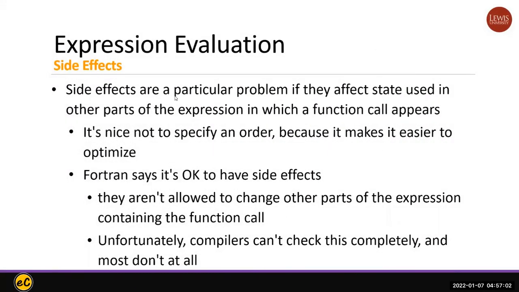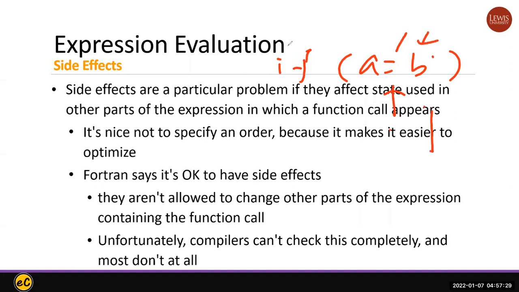Side effects have a particular property: they affect the state used in other parts of the expression. Okay, so if you affect some result, for example, A equals B, and then if we do if A equals B, you assign some value, say B's value.